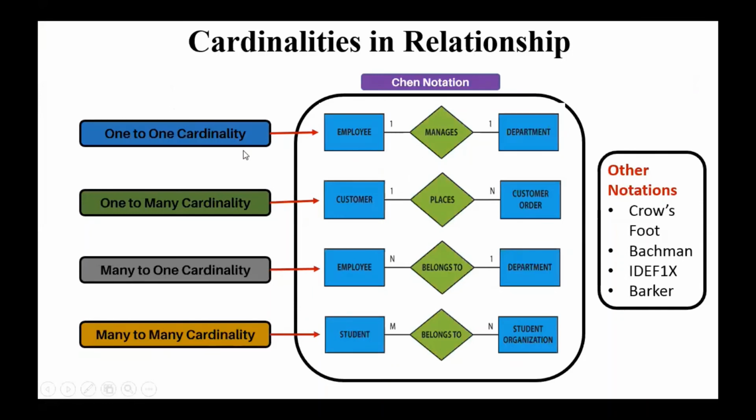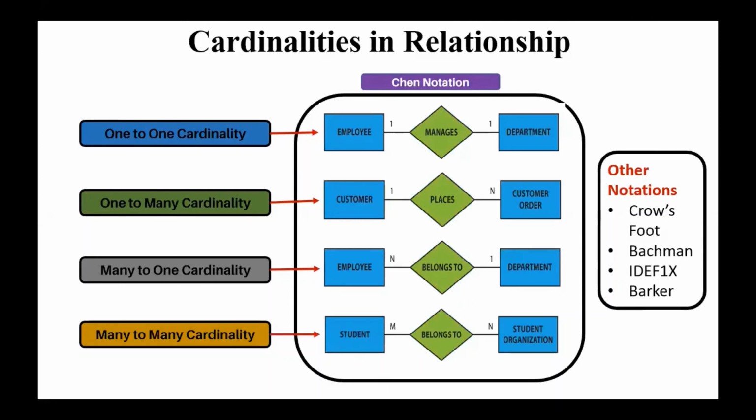First example: there are two entities, employee and department. The employee is managing the department. How many employees will be managing a department? There will be one employee. If I take an example, there is a computer department, and it has one employee as HOD.